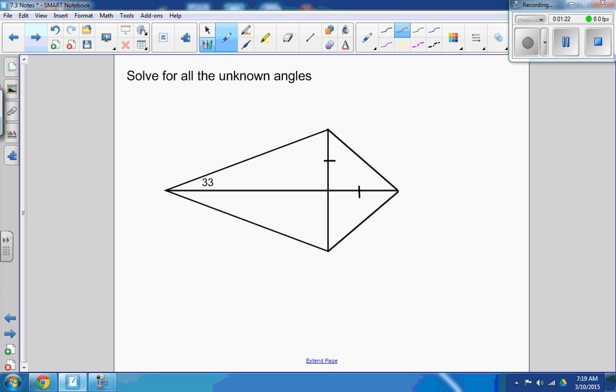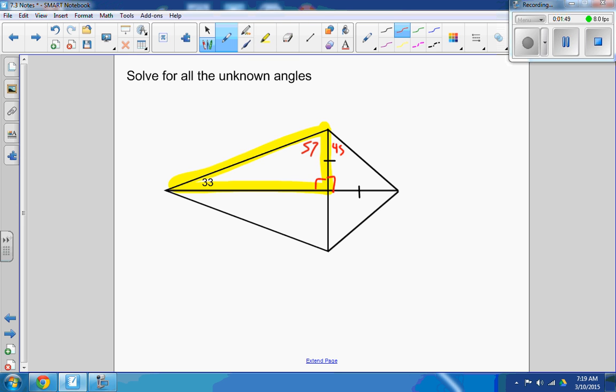So let's look at a kite here and let's solve for all the unknown angles. We have here one angle is 33 degrees. Well, we know the diagonals are perpendicular, so that's 90. So we have a triangle here, so we can solve for this angle. They add up to 180, thus we know this is going to be 57. I know this is 90 degrees.